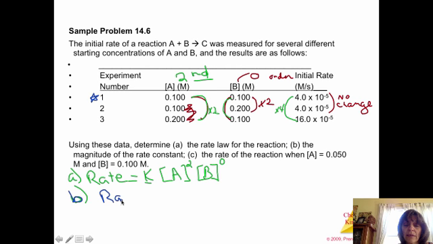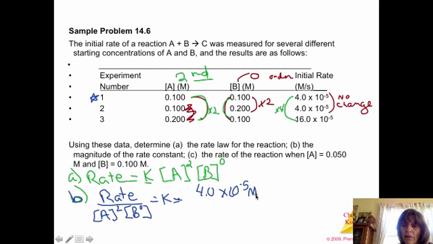If we take the rate divided by the concentration of A squared times the concentration of B to the 0, we'll get K. So it's going to equal 4.0 times 10 to the negative 5th molarity per second divided by 0.100 molar squared times 0.100 molar raised to the 0.